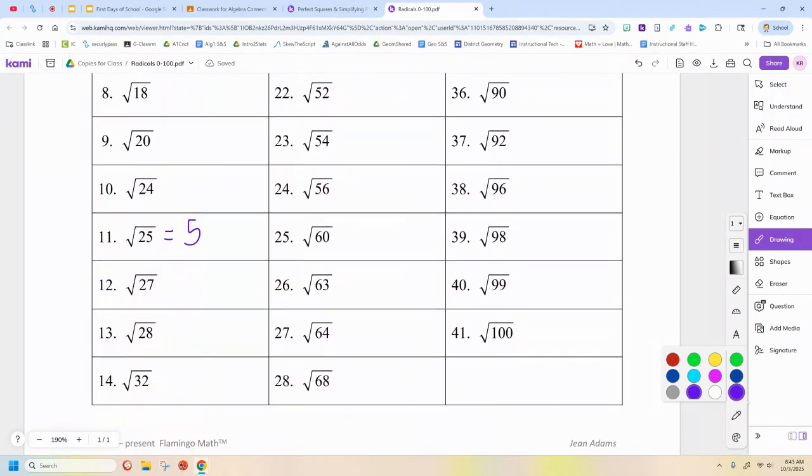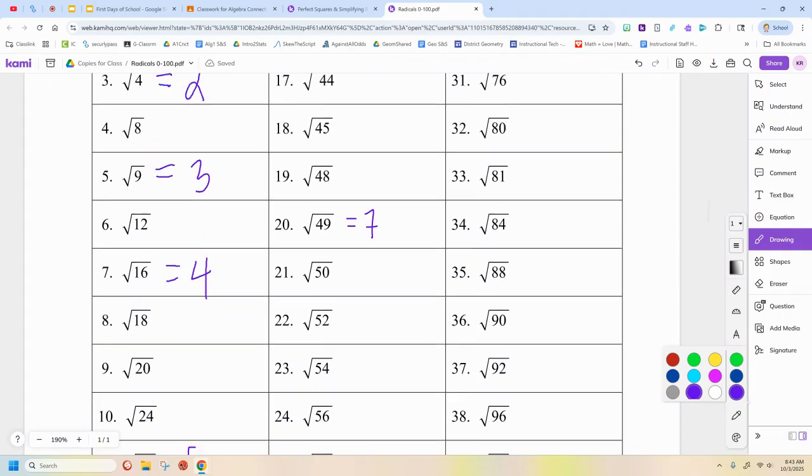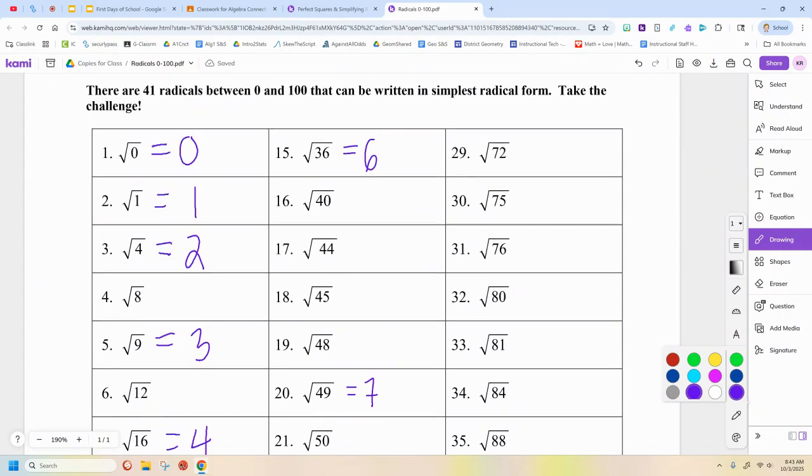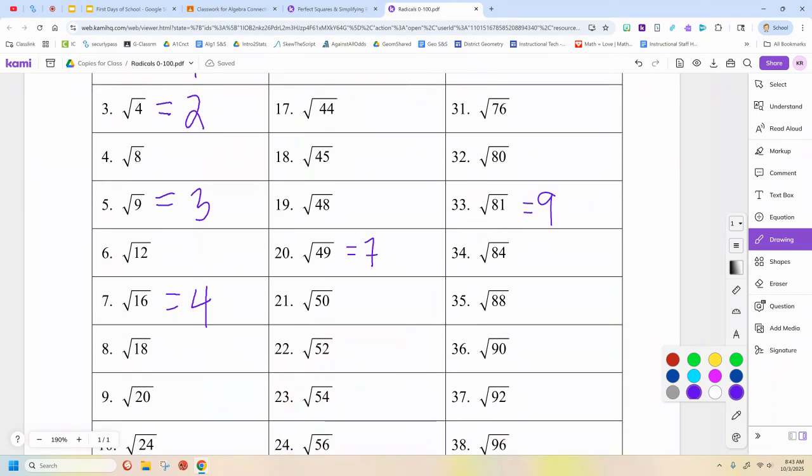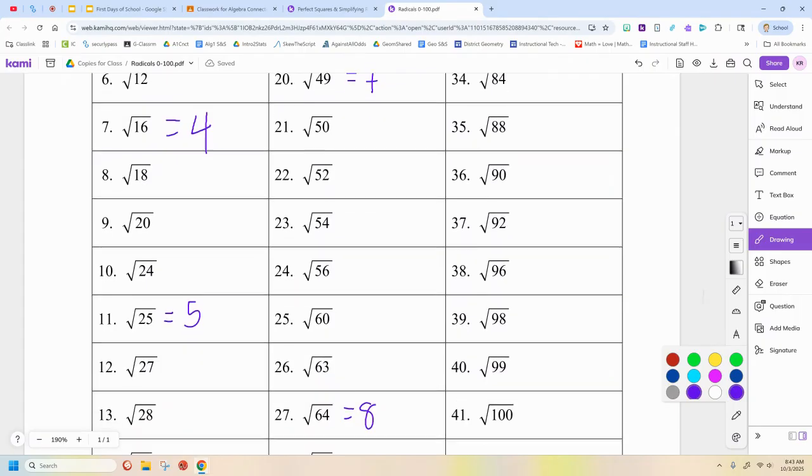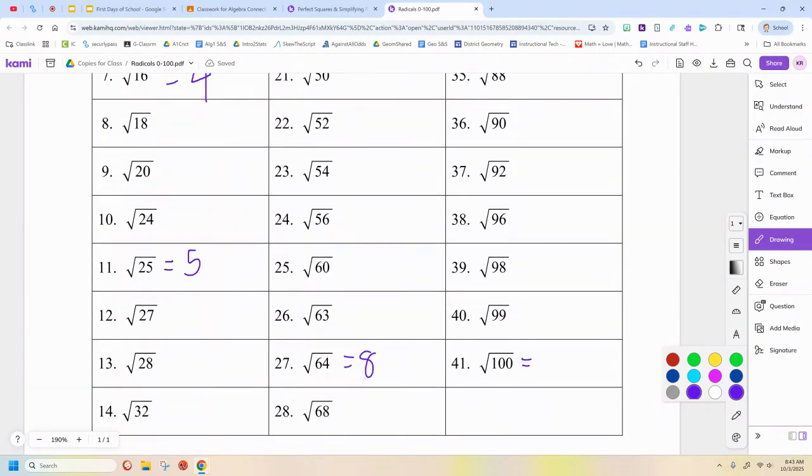Oh, there's 8. Square root of 64 is 8. Square root of 81 is 9. And square root of 100 is 10. Okay.